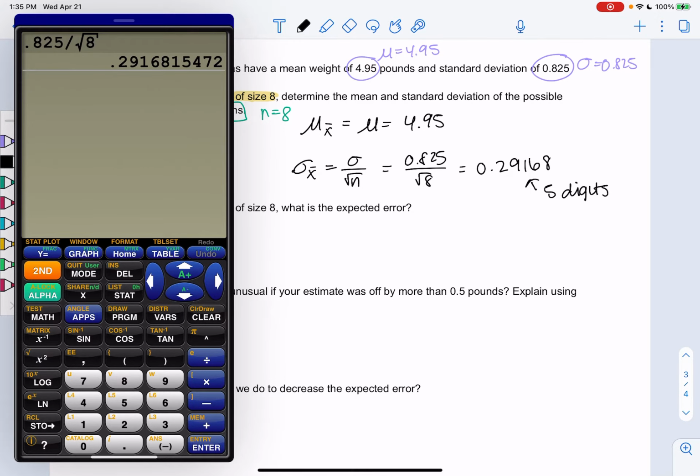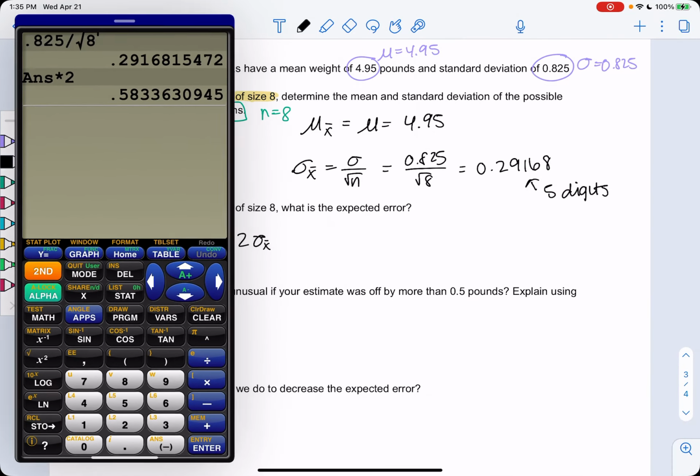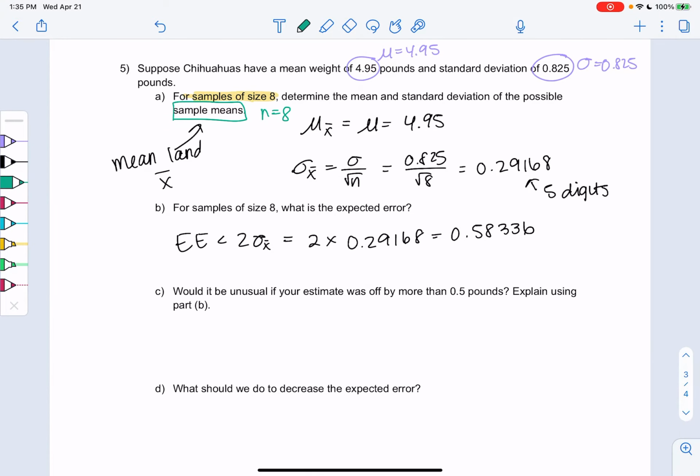All right, and so what's the expected error? So again, this is all from the definitions in the chapter. Expected error was 2 standard deviations, so we're just going to double that number that we just found. So it's 2 times 0.29168, which is 0.58336. So that means we should be within plus or minus 0.58336 of the mean.